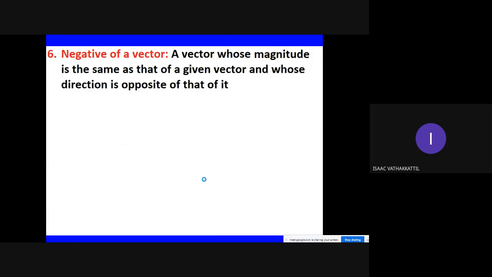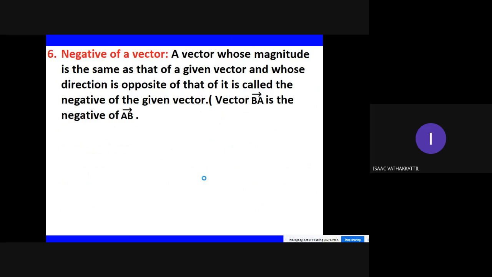Negative of a vector: a vector whose magnitude is the same as that of a given vector but whose direction is opposite is called the negative of the given vector. Vectors BA and AB are negatives of each other. We can even write BA equal to minus AB.